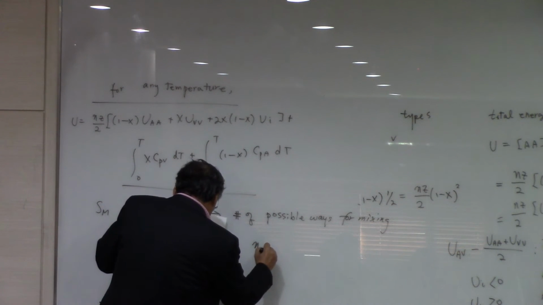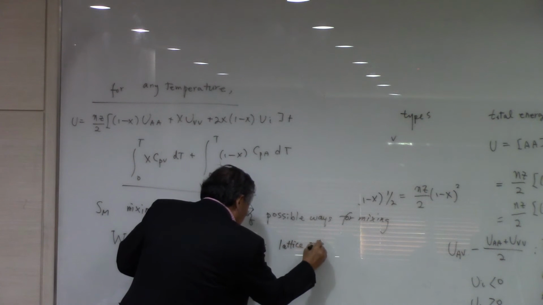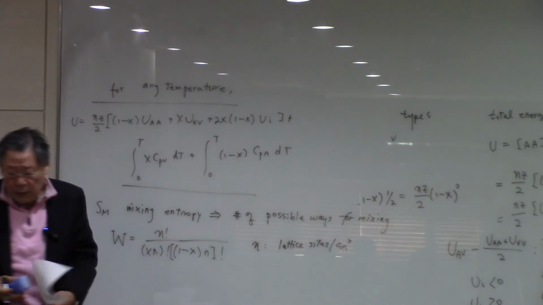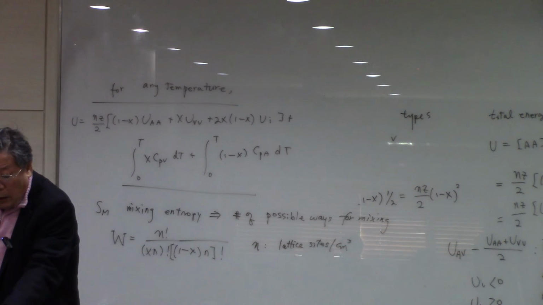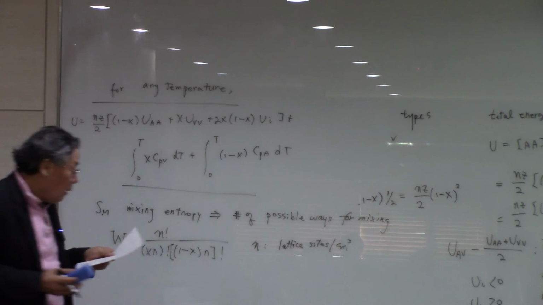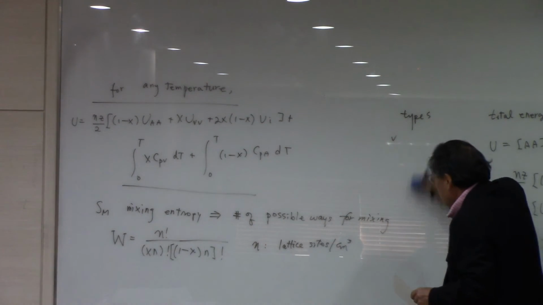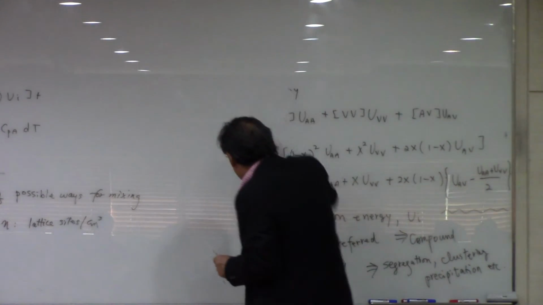Here N is the lattice size per cube. Okay. We use the Stirling approximation. You can simplify that factorial thing.